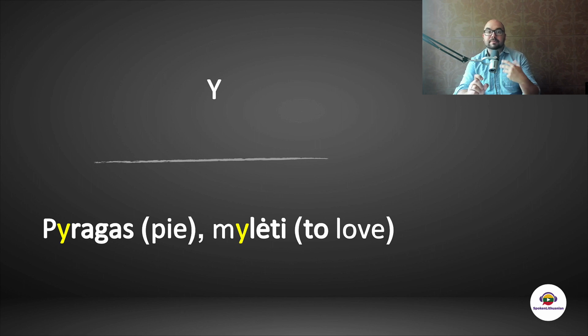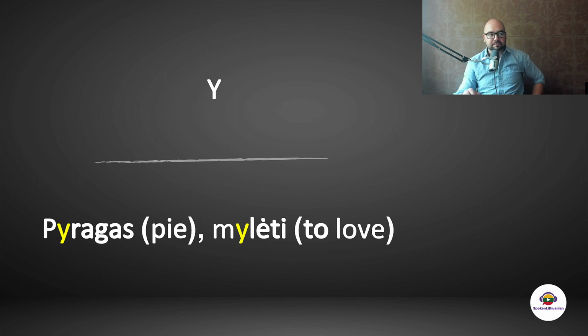I'm saying mylėti. It's the longer I, mylėti, pyragas. I'm not saying pyragas, I'm saying pyragas, right? You don't have to pronounce it for a very long time. It can be short, but it's still like this pyragas, not pyragas.